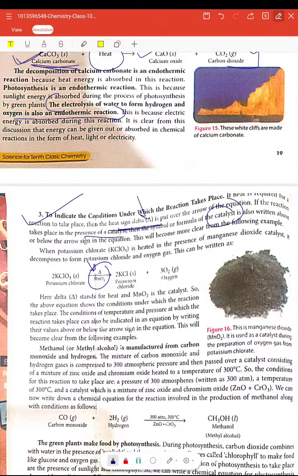Sometimes we use heat. That is also a condition. So potassium chlorate decomposes when we heat this reactant, and it becomes potassium chloride and oxygen gas. This delta is heat. It is a condition on the basis of which this chemical reaction occurs.